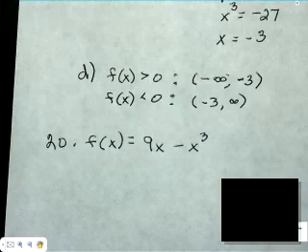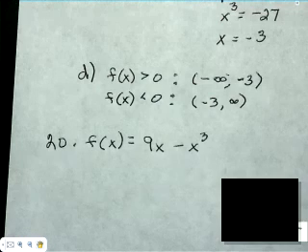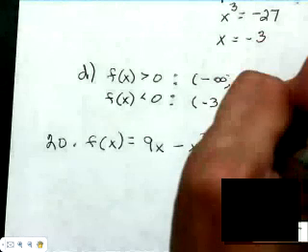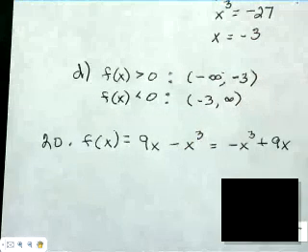The negative x cubed is the leading term. It doesn't matter in what order the terms are written. Leading term means term of the highest degree. So if you want to turn that around to negative x cubed plus 9x, you can. You don't have to.